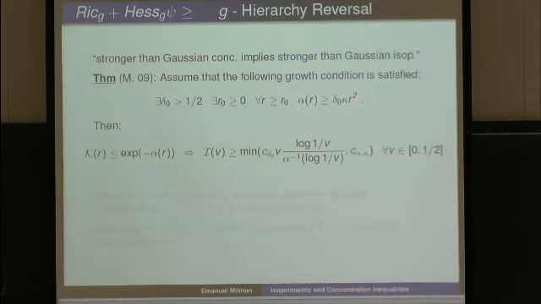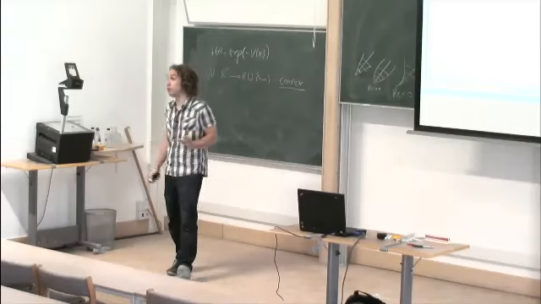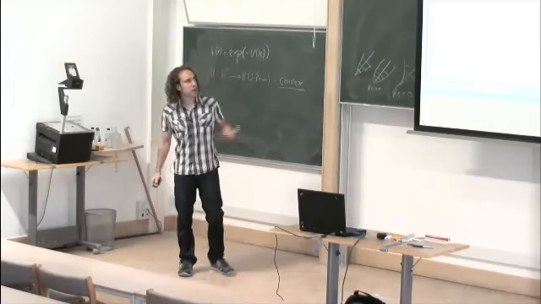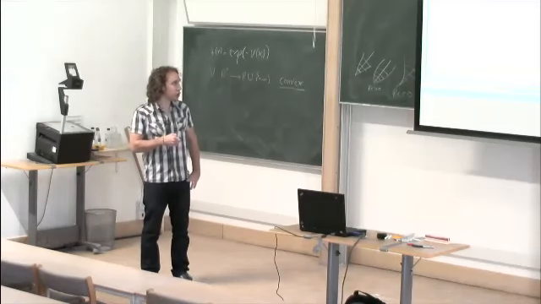Alpha has to grow at least quadratically in R. And in fact, we also care about the coefficient in front. The coefficient has to be kappa, the same kappa from our curvature lower bound, times some constant delta naught, which we assume is strictly bigger than 1/2. Then, under this additional growth condition, concentration implies back exactly the same isoperimetric inequality.